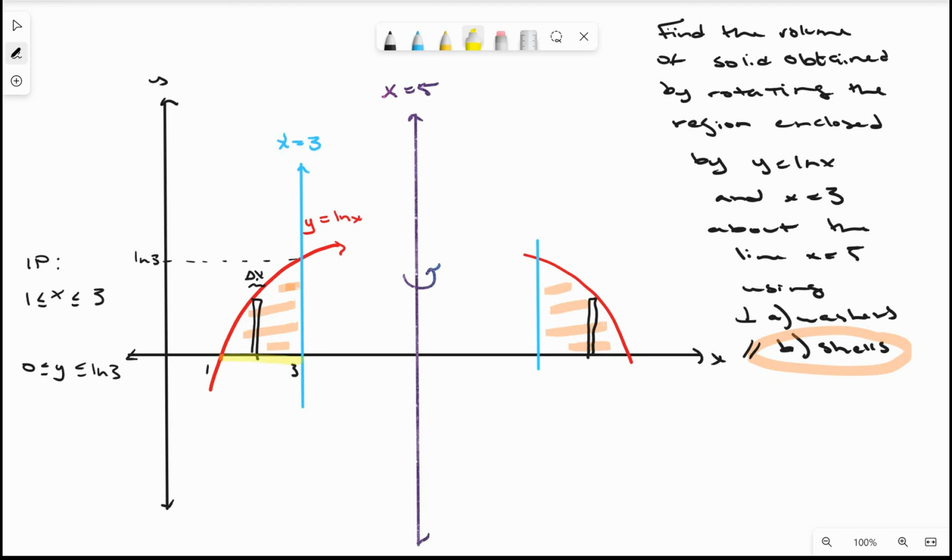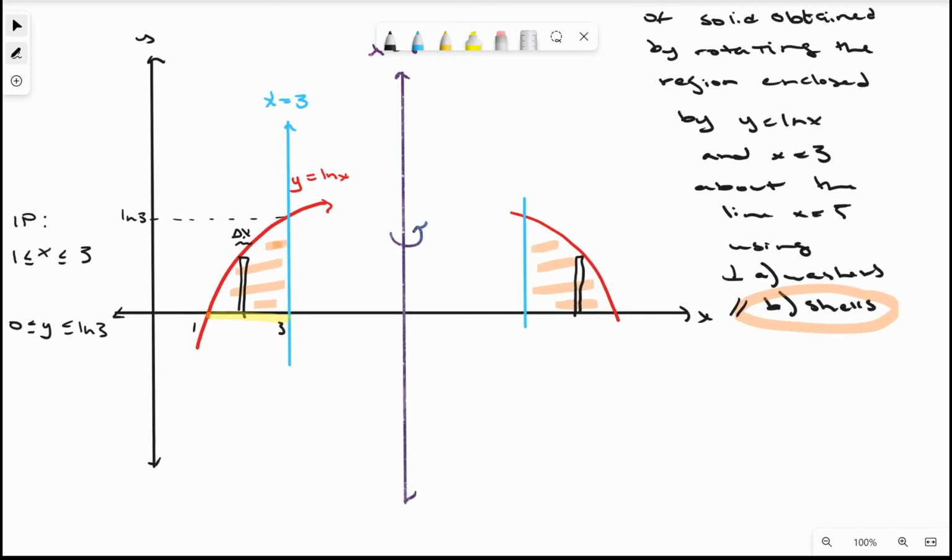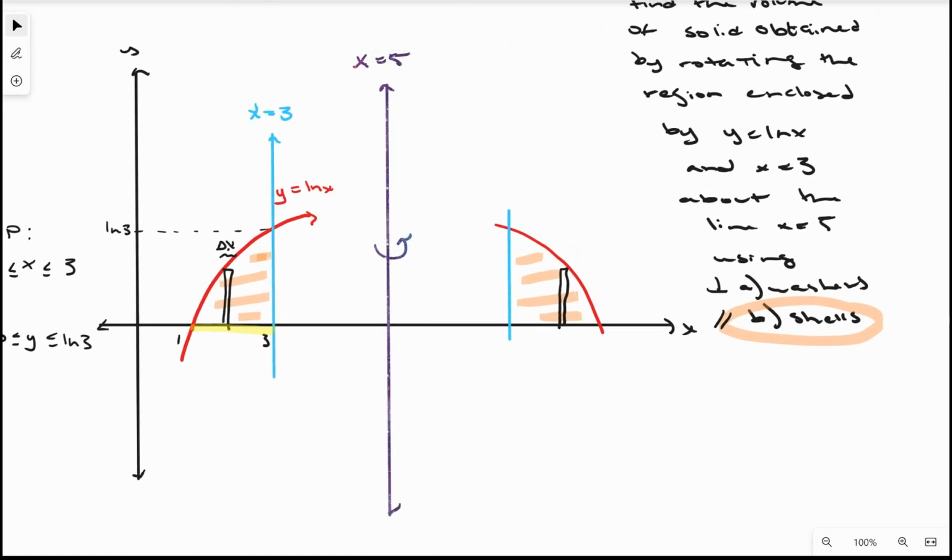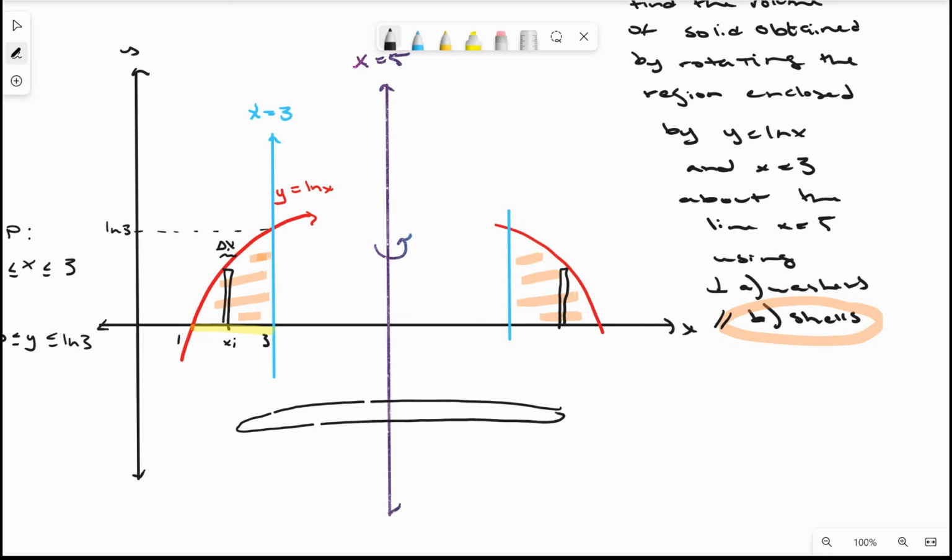Okay, so now let's draw the cylindrical shell that we're going to have here at xi. Again, I'll do this the best that I can. It's going to look something like this.